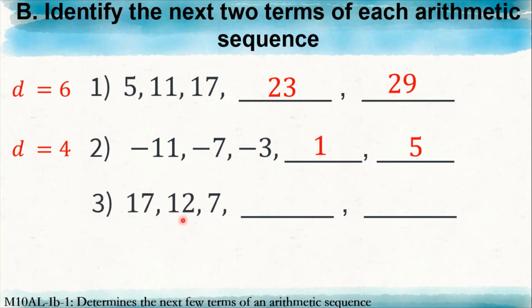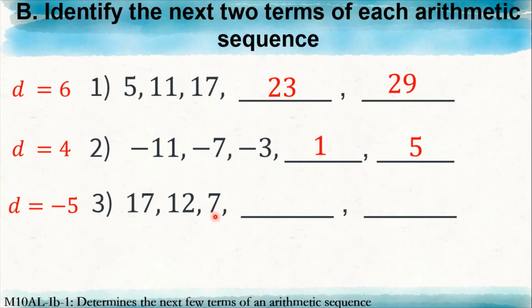Example number 3, 17, 12, 7. Okay, what is the common difference? The common difference is negative 5. Kasi 17 plus negative 5 is 12, plus negative 5 is 7.